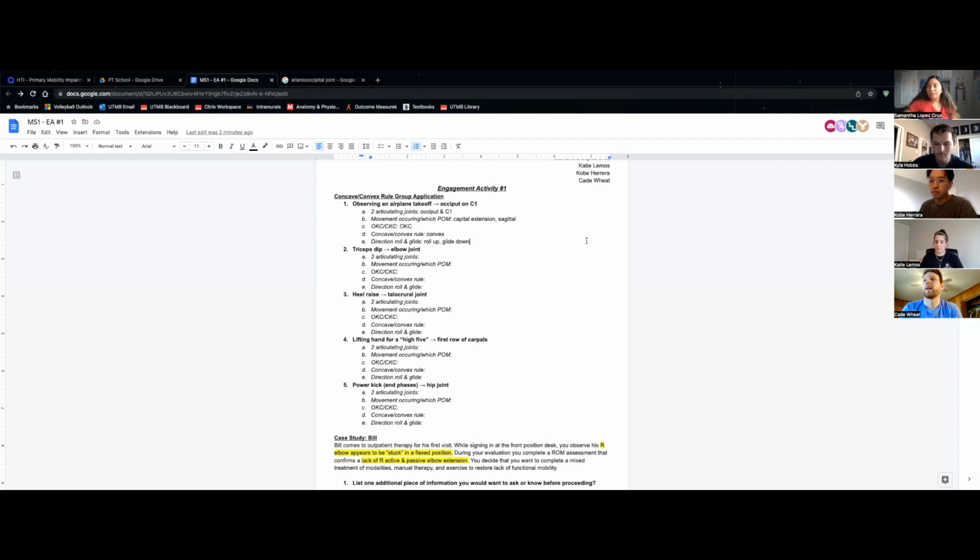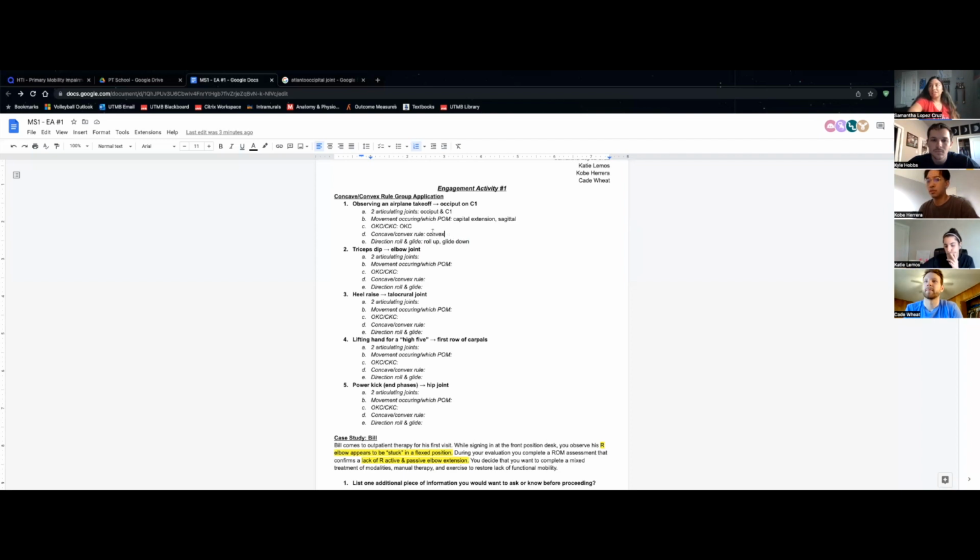Wait, so what's the bony shaft here then? It's a little weird because it's not like a long bone, it's just a skull. Yeah, this one's a little different. So think of your head just like this. So then it's just following your skull. And convex is opposite to the bony shaft, which is your skull. So then the roll and glide, so the roll would have to be the same as the bony shaft, which is the opposite.